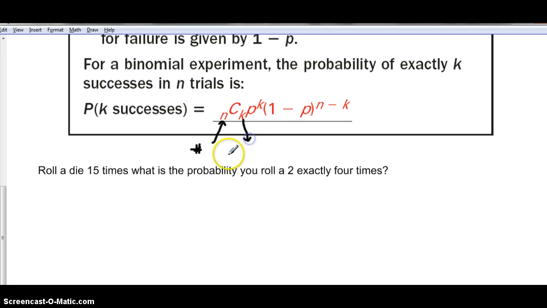K is going to stand for success. And so there's K again right here. And then p is the probability of a success. And then here is failure, because you have to have the failures just as much as you have successes. And then finally, this part is the number of failures.